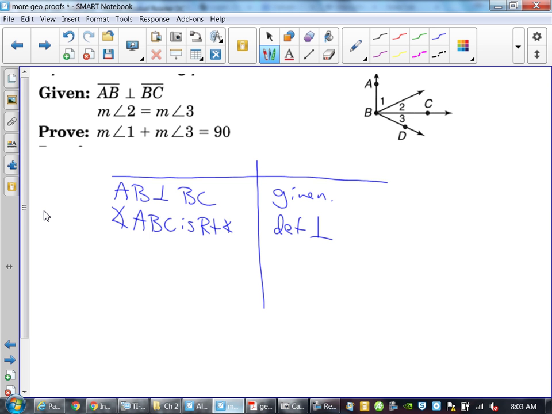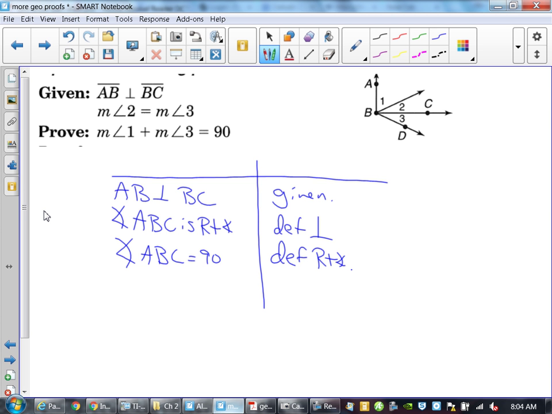Right angle equals 90. So now I'm going to say that angle ABC is 90. What do you think the reason is? Since we're using the definition of a right angle, just definition of a right angle. Okay.